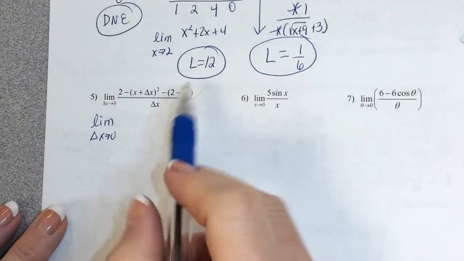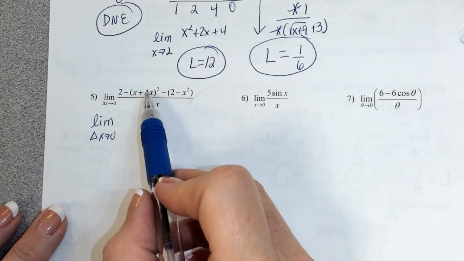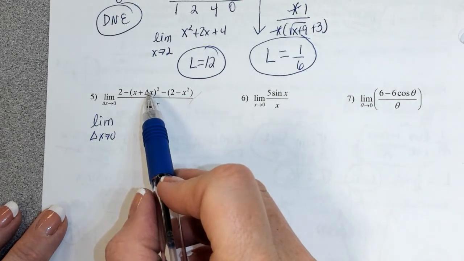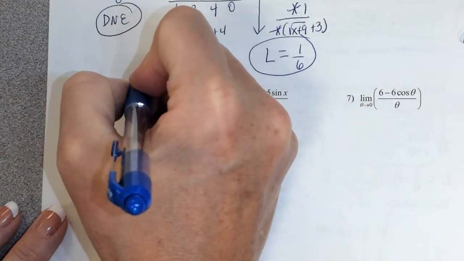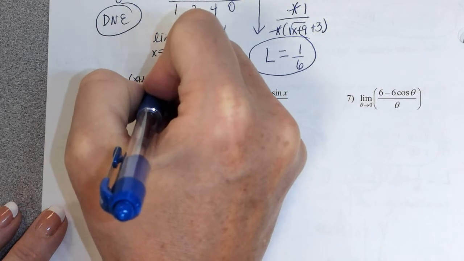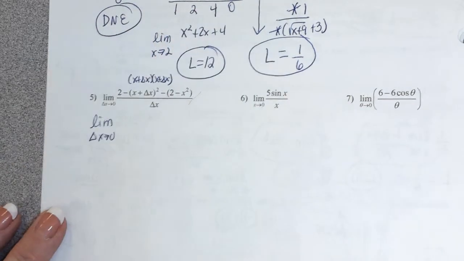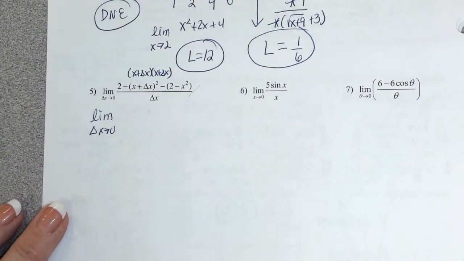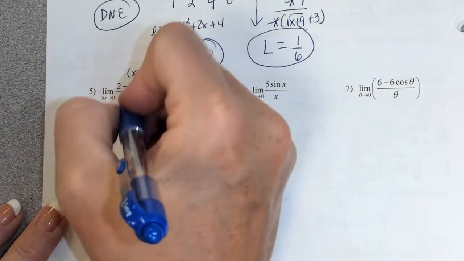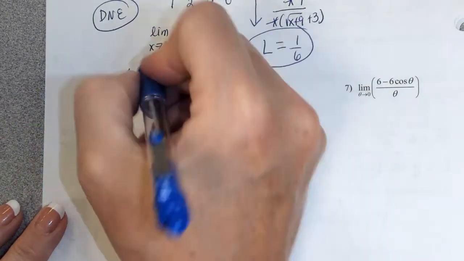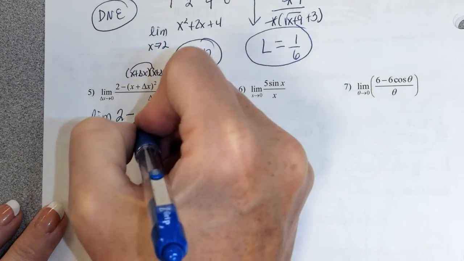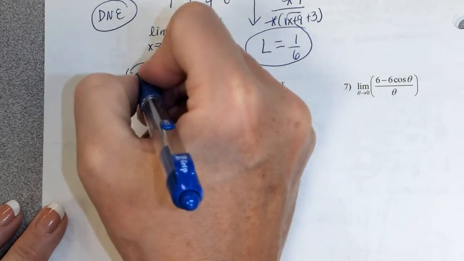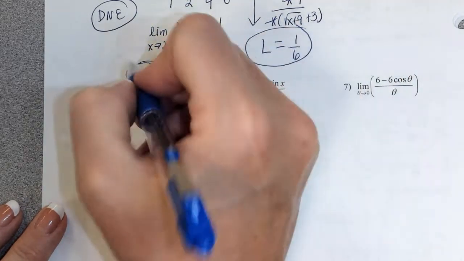Now, don't make a rookie mistake of saying that this is x squared plus delta x squared. It is not. You have to multiply that out as x plus delta x times x plus delta x. You got to FOIL it out. So the 2 stays the same. Minus. Multiply this out. X times x is x squared. The outers is x delta x.